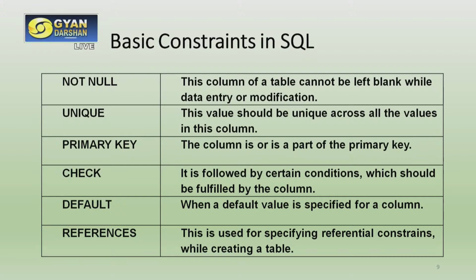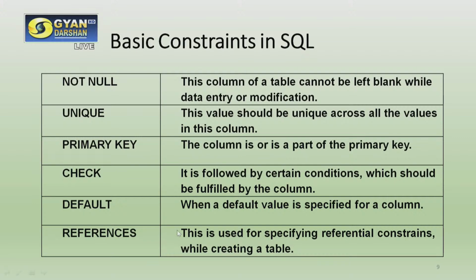Then comes the primary key. Now the primary key has both these two properties, that it is not null as well as unique. Both put together form the primary key constraint. Then comes the check constraint. It is basically a certain condition which is put after that, just like when we said fee should be more than 1,000 and less than 50,000, right?